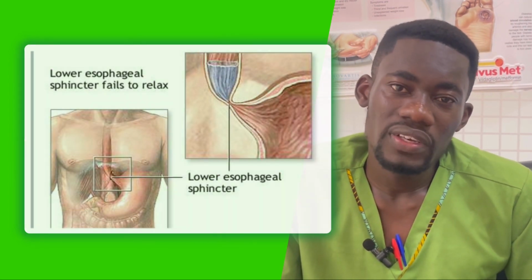And so when the lower esophageal sphincter muscle fails to relax, food that is swallowed cannot move with ease into the stomach, and that is where you have the pain in the chest or difficulty swallowing.